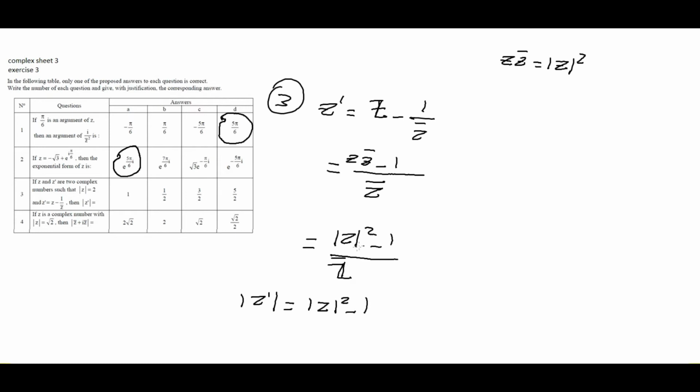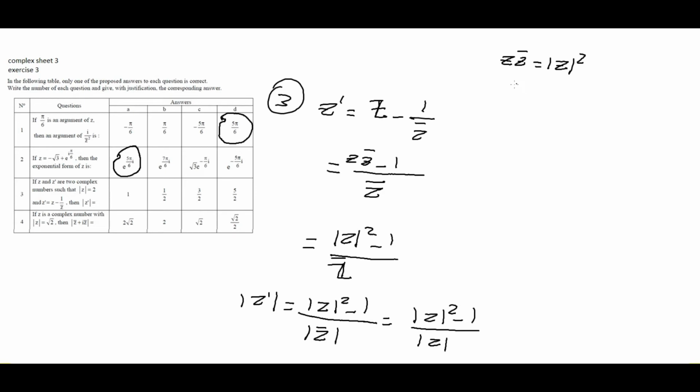Why? Since modulus of z squared is a real number, minus 1 is a real number, over the modulus of z bar. That's equal to modulus of z squared minus 1 over the modulus of z.